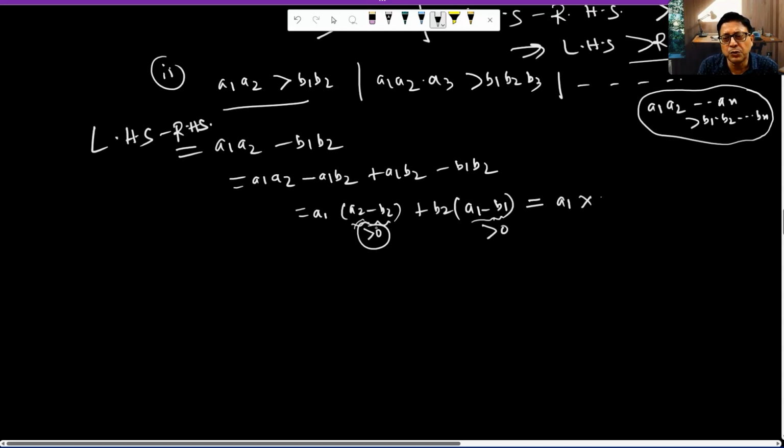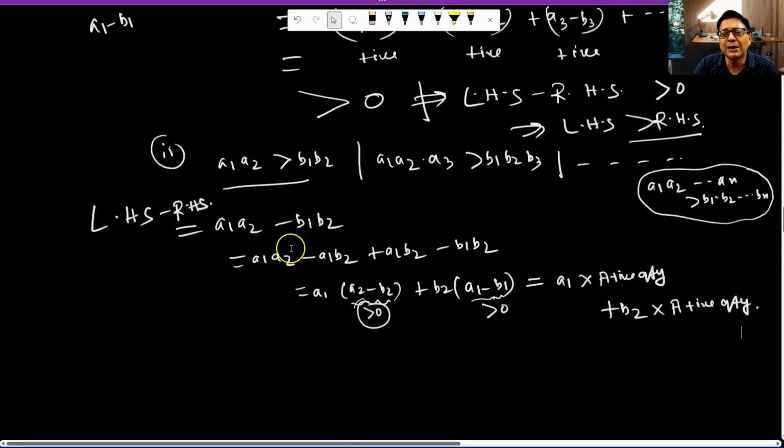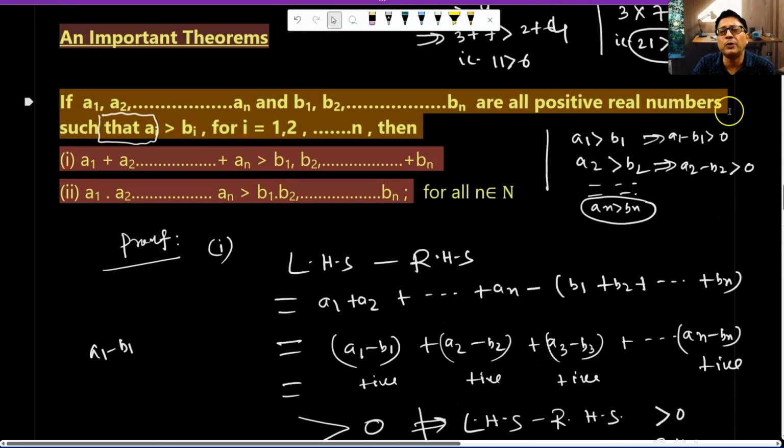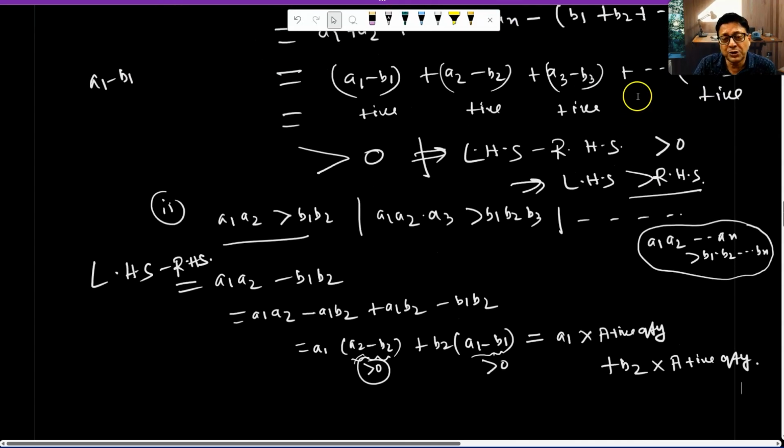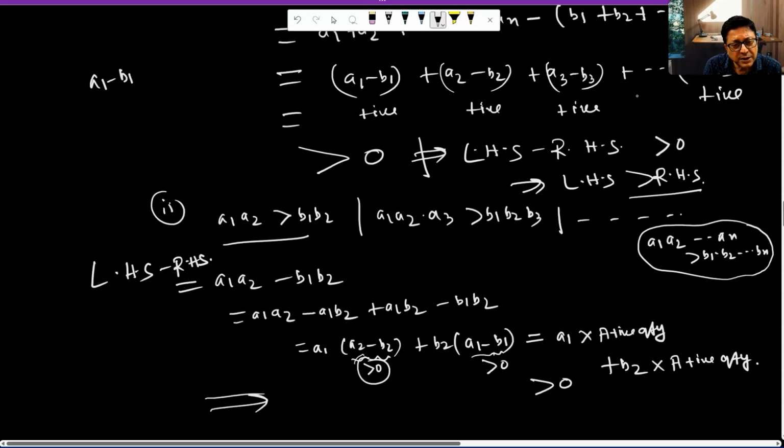So A1 into a positive quantity plus B2 into a positive quantity, and A1, A2, B1, B2 are all positive real numbers. So this has to be greater than 0. This implies LHS minus RHS is greater than 0. So this implies A1, A2 greater than B1, B2.